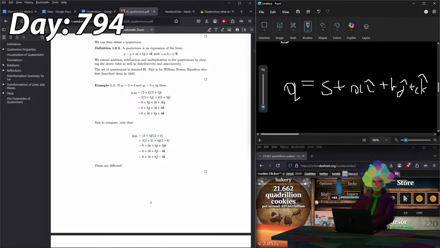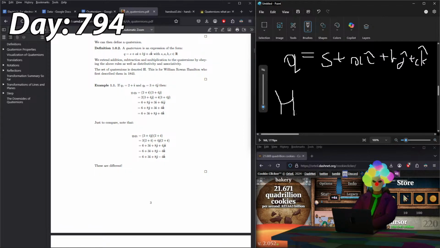We extend addition, subtraction, multiplication to the quaternions by obeying the above rules. So the distributivity and associativity. Okay. The set of quaternions is denoted H. Why is it denoted H? Why would it be H? Why not a Q? Whatever. Yeah, I don't care.